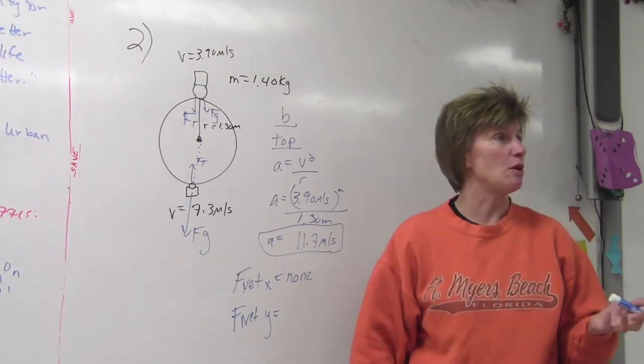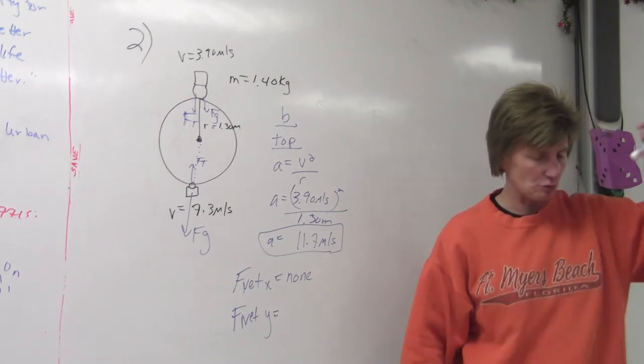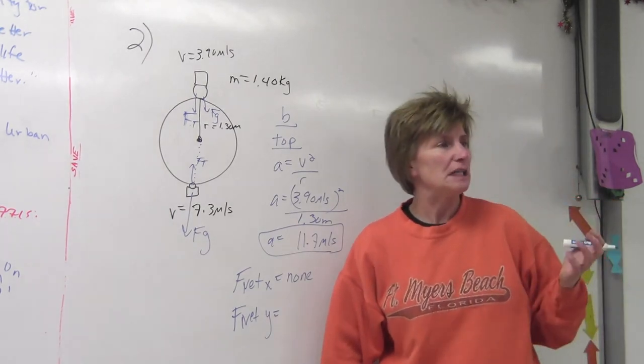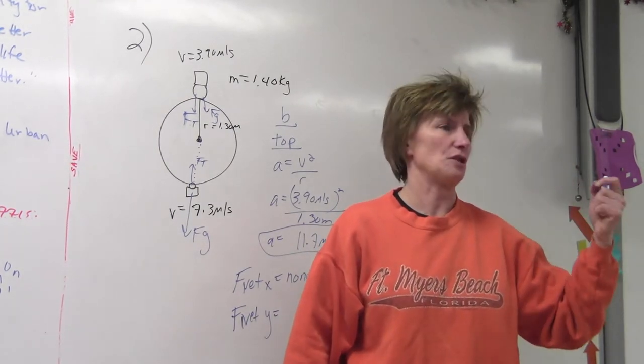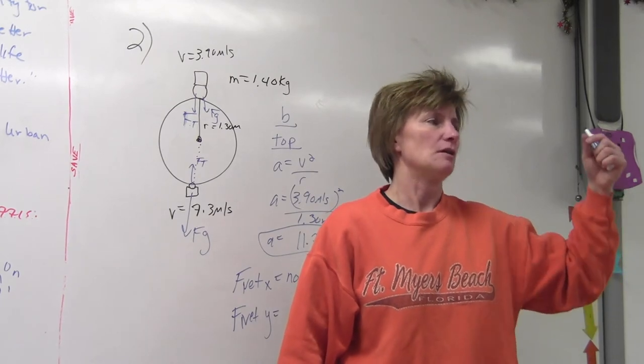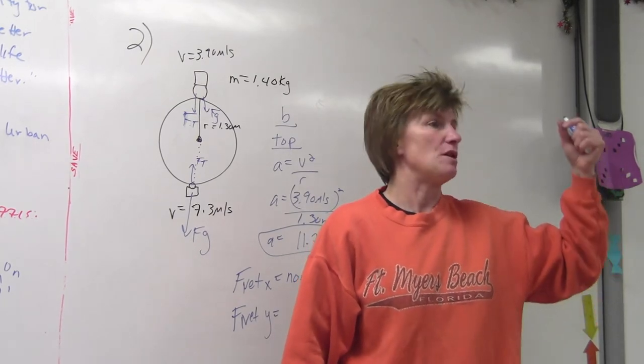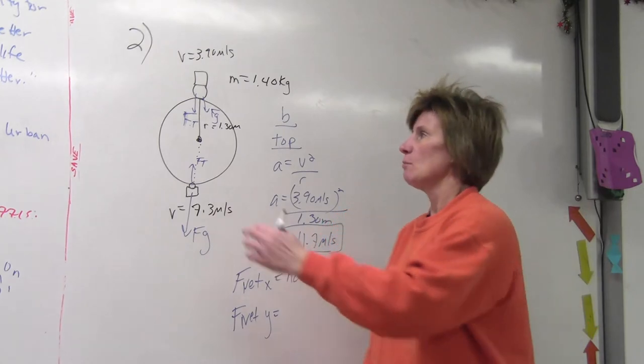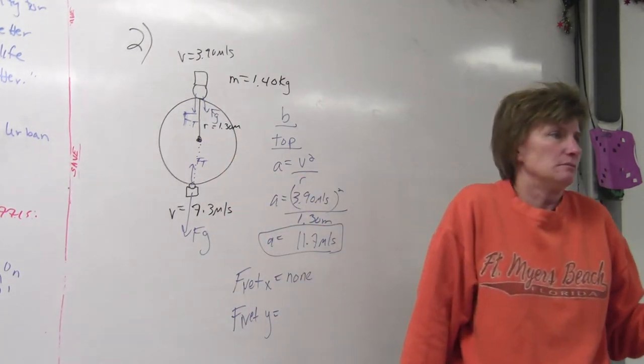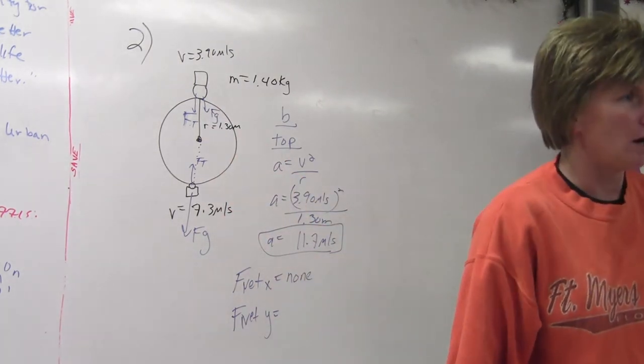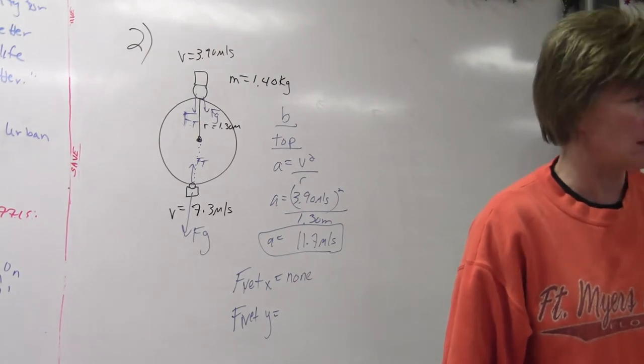Now, what did we say about centripetal acceleration and centripetal forces? Where is the net force always going to? The center. So the net force has to be going to the center. Both of these are going to the center, right? Luckily, otherwise, Barbie would not have stayed in my circle.